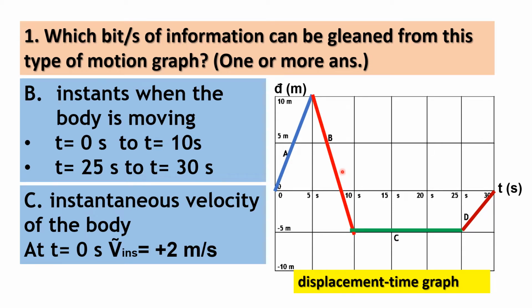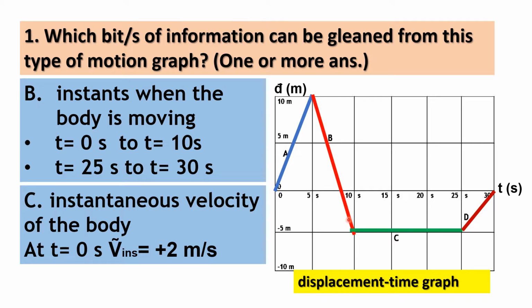Graph line B is included in the time interval that we want, 0 to 10 seconds. Graph line B represents the motion of the body between 5 seconds and 10 seconds. But unlike graph line A, graph line B is sloping downward to the right. But then again, it is a straight graph line.